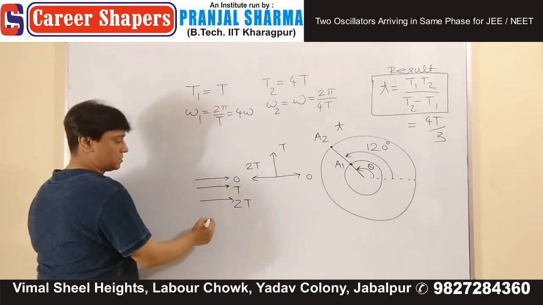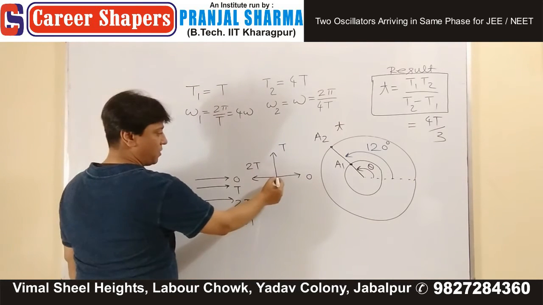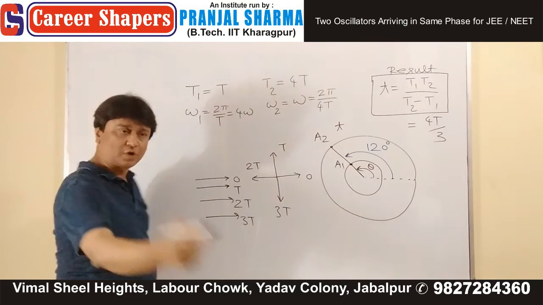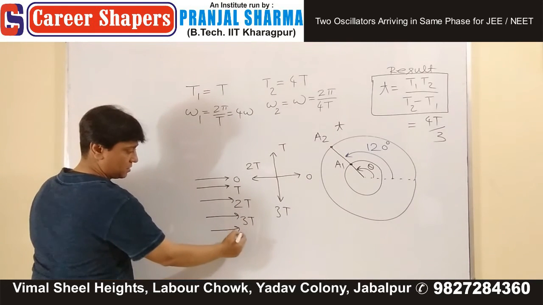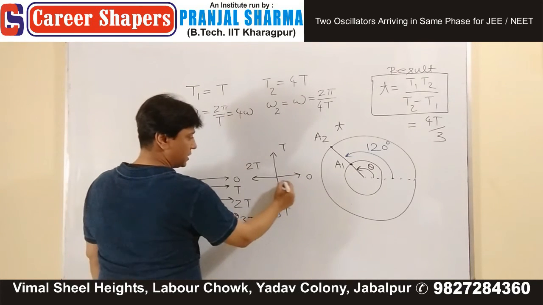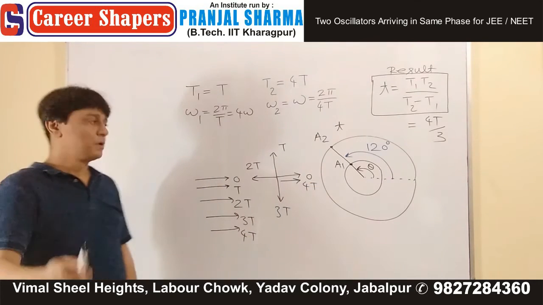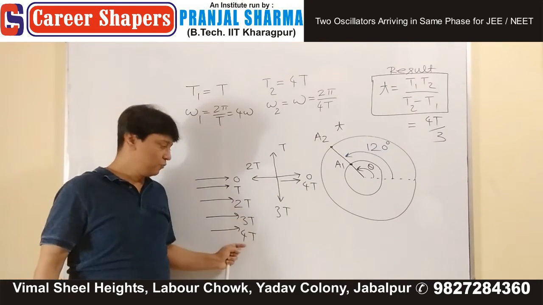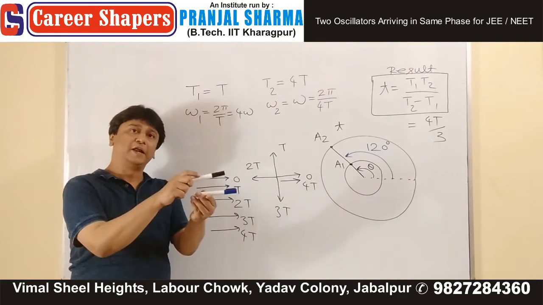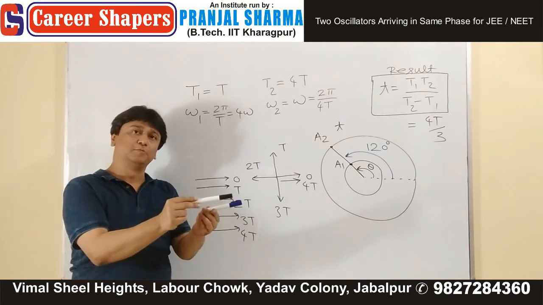After the third round, this will be found here. After the fourth round, this will be found here. After 4t, they both are pointing in the same direction and are at their respective mean positions.